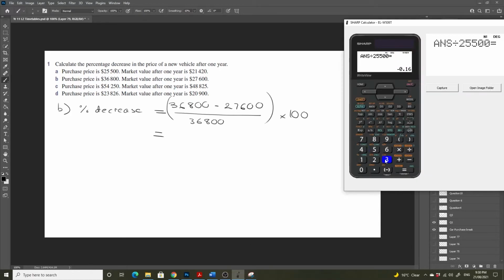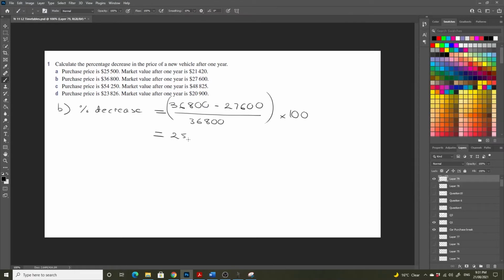So 36,800 minus 27,600 equals this, divided by 36,800. Okay, and then we're going to times this by 100 and we'll get 25%. That's the decrease. As long as we have this information here, we know it's declined in value by 25%.